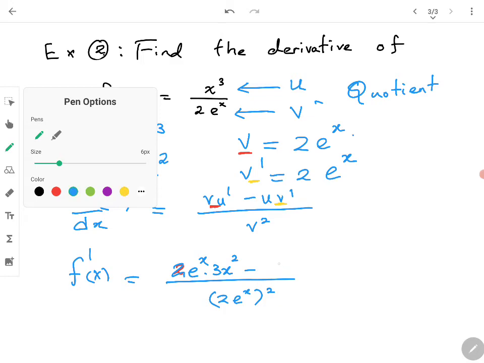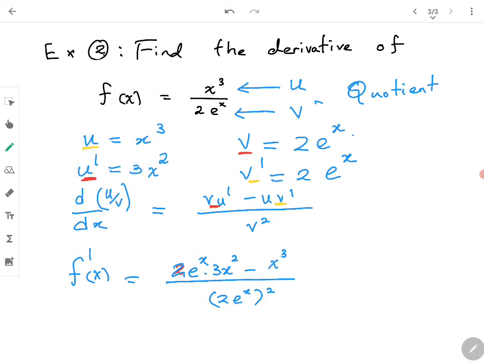You have u, which is x cubed, and v prime, which is 2 times e to the x. Now you can simplify this by taking the common parts out. So let's simplify the numerator.